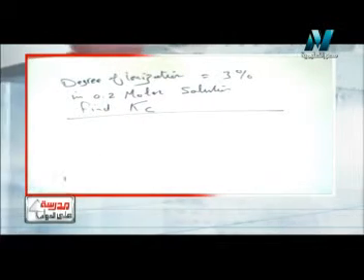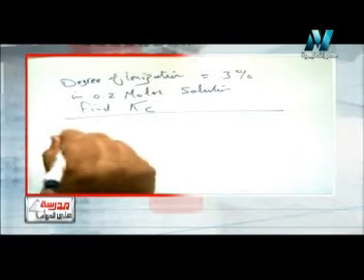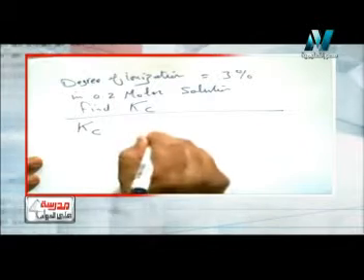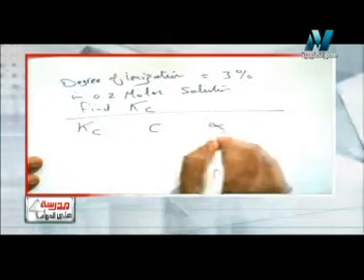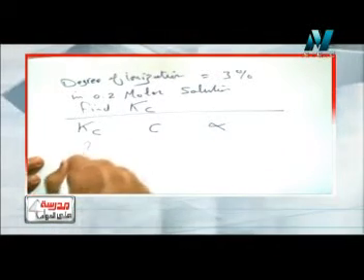In these problems there are 3 values: Kc, concentration, and degree of ionization. He wants to know Kc.